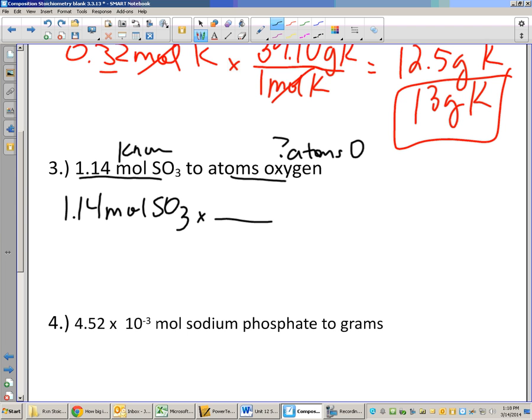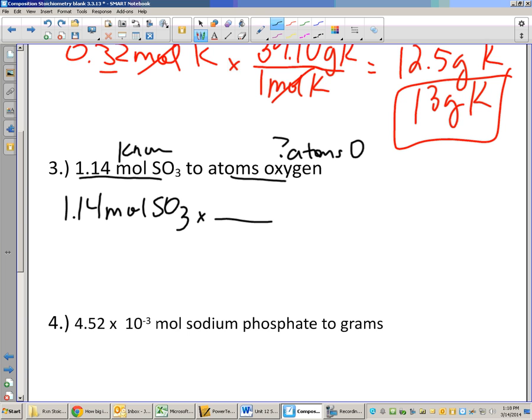But how many atoms of O are in 1 mole of sulfur trioxide? Or sorry, not 1 mole, 1 molecule. Right, so this now is a conversion factor. I see that there are 3 atoms of O in 1 molecule of SO3. Does that picture make sense?